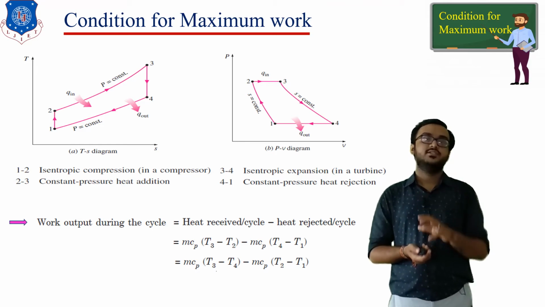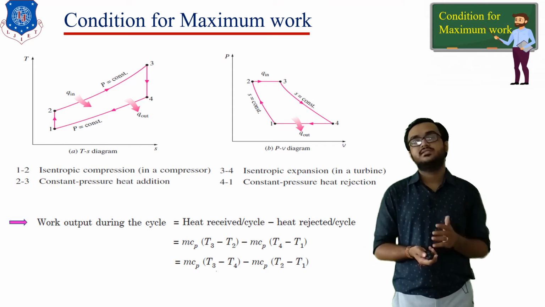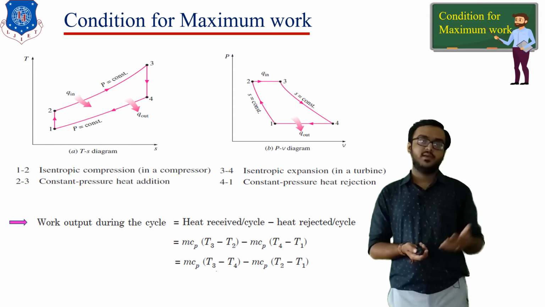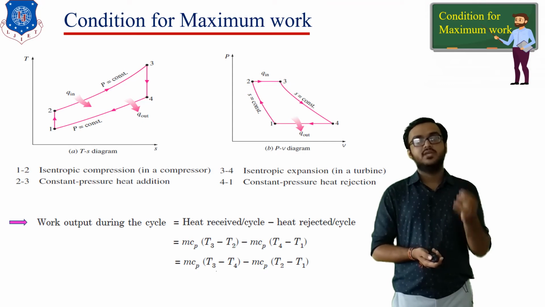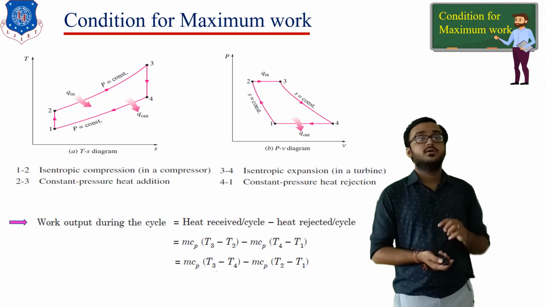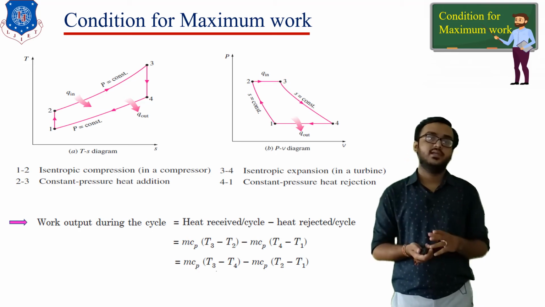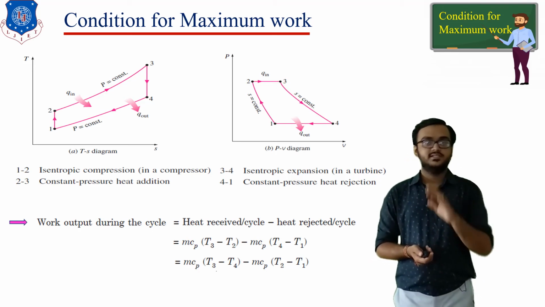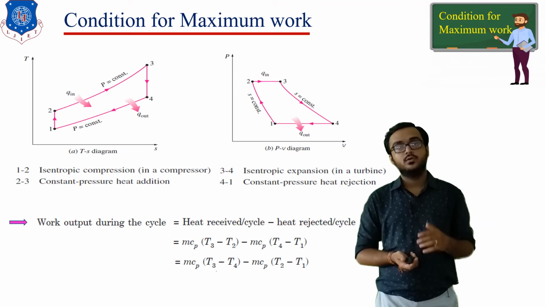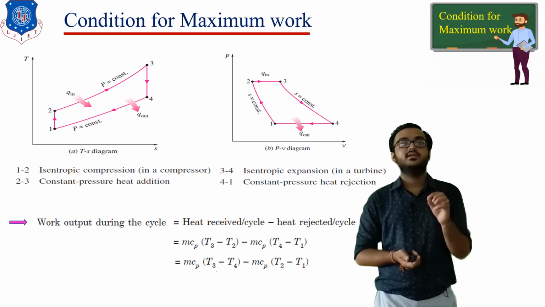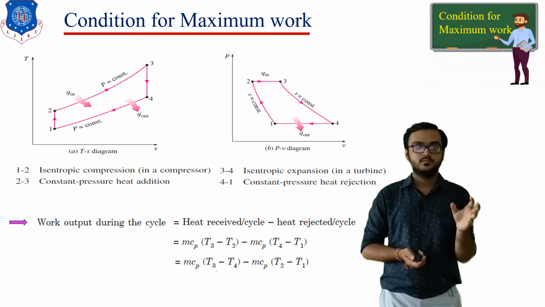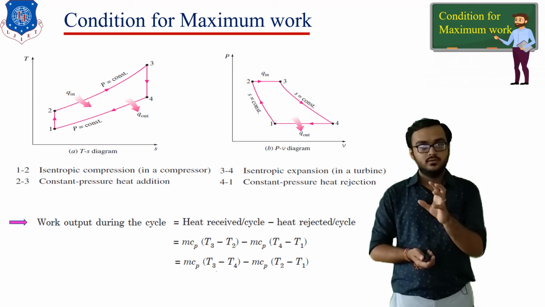Now, in this equation, there are a number of variables that directly affect the turbine work, for example T1, T2, T3, T4, specific heat and mass flow rate. So to reduce the number of variables, we need to simplify this equation, and to do so, just take out T3 as a common factor from the first term and T1 from the second term.